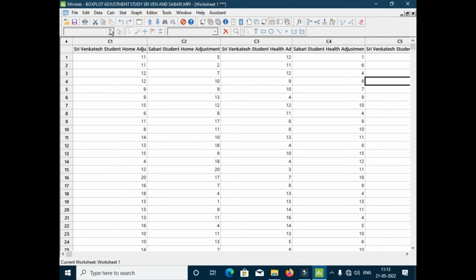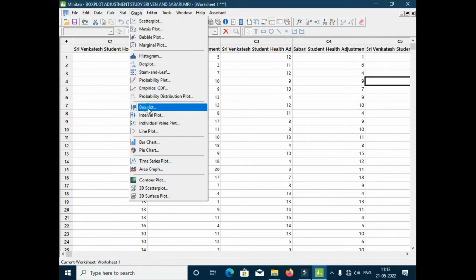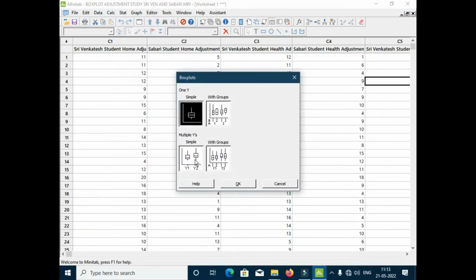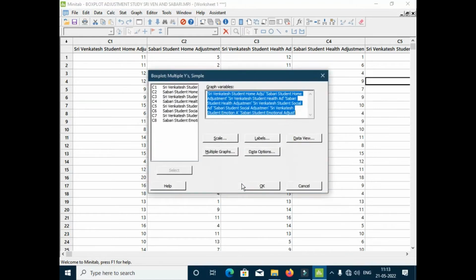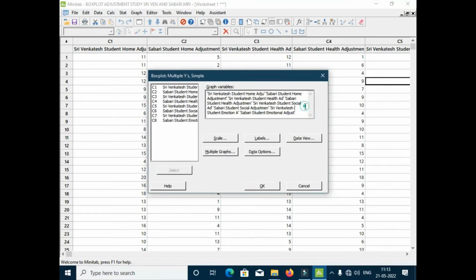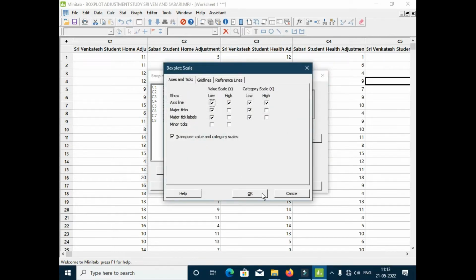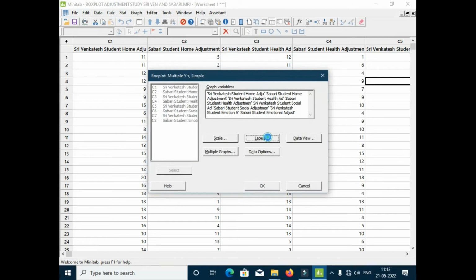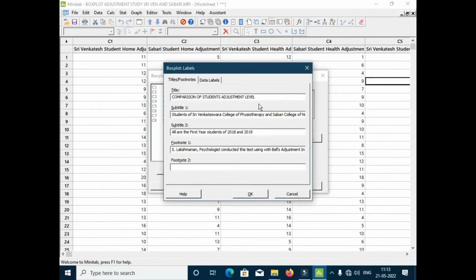Okay, how do we draw the graph in the box plot? How do we put the comparison with the other group? Here is the comparison of Venkateswara College students in home adjustment and Sabari College. Each one is compared, with the scale values and the labels put as per the column.